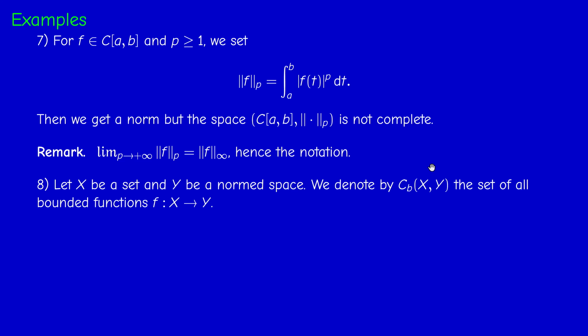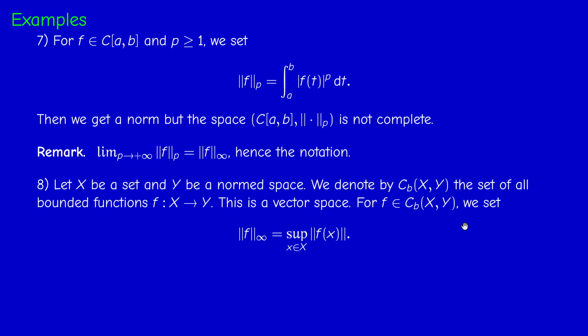Okay, and last example. If you have an arbitrary set X and an arbitrary normed space Y, we denote by C_b(X,Y) the set of all bounded functions f from X to Y. And of course, this is a vector space because Y is a vector space. The sum of two functions is defined the usual way: (f+g)(x) is f(x) plus g(x), and the same for scalar multiples.